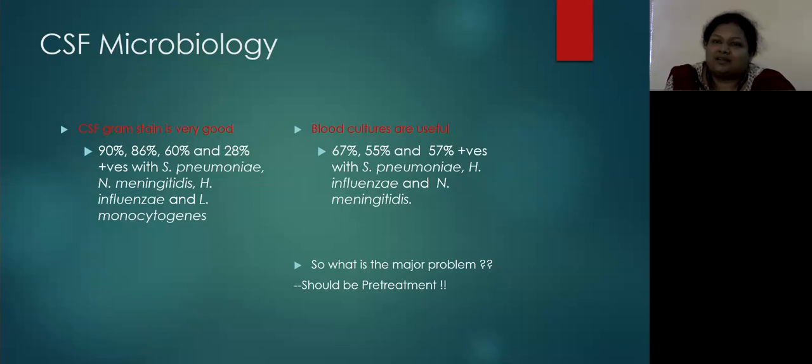The CSF gram stain is very good, and at the same time send blood cultures. 90% of the time you can actually isolate if it's an untreated patient. 86% in Neisseria, 60% in Haemophilus, and 28% only in Listeria. So what is our problem? Like you said, it is because it should be done pre-treatment.